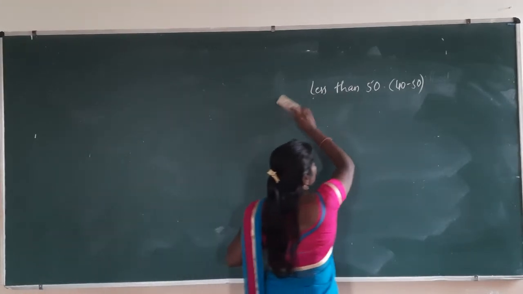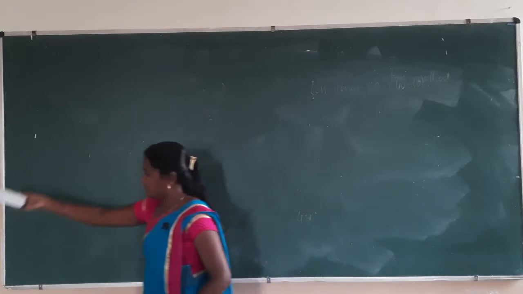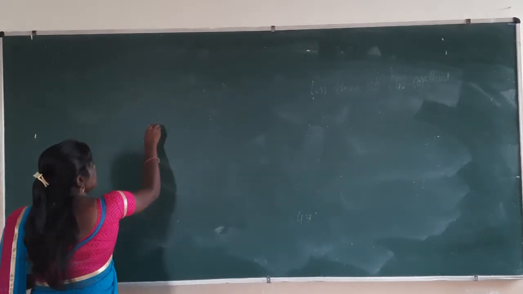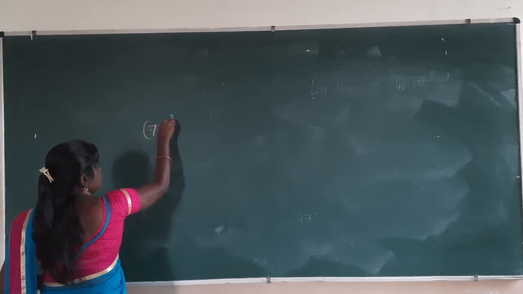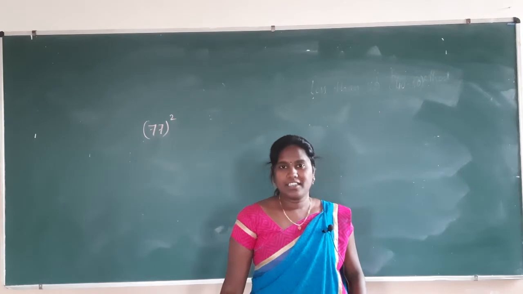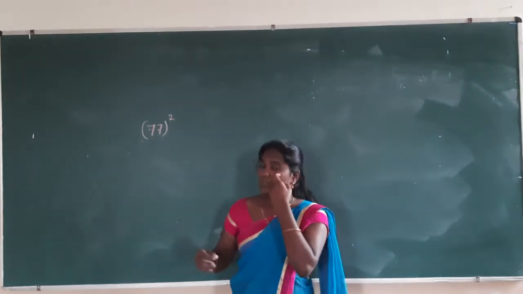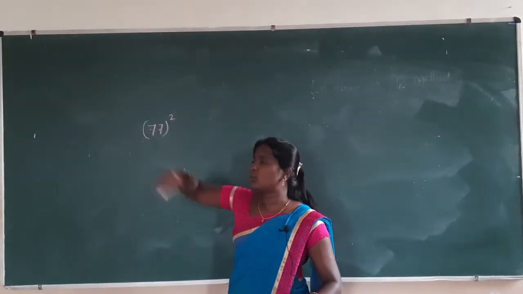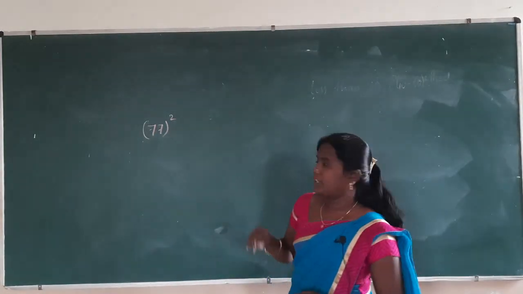Okay. So now let me consider the number 77 square. How to find 77 square? Is there any easy method to find 77 square? Here we can't use the method we used for numbers more than 50.